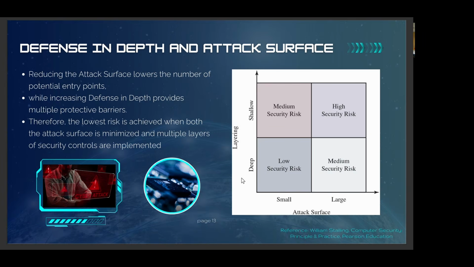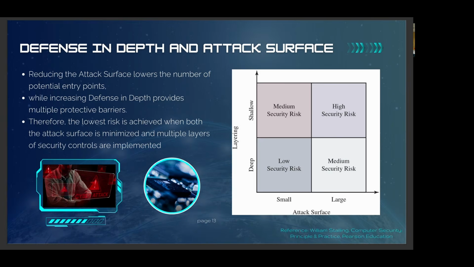So from here, you can see that if you have very deep protection, maybe layering the protection, many layers, from physical, logical, network, application, and so on, you will lower your risk.